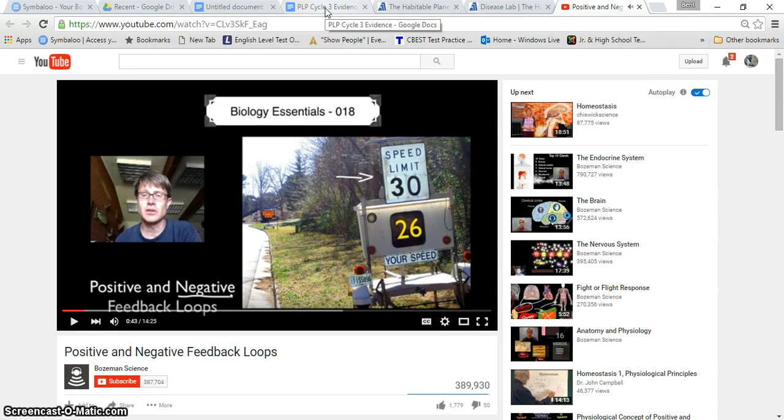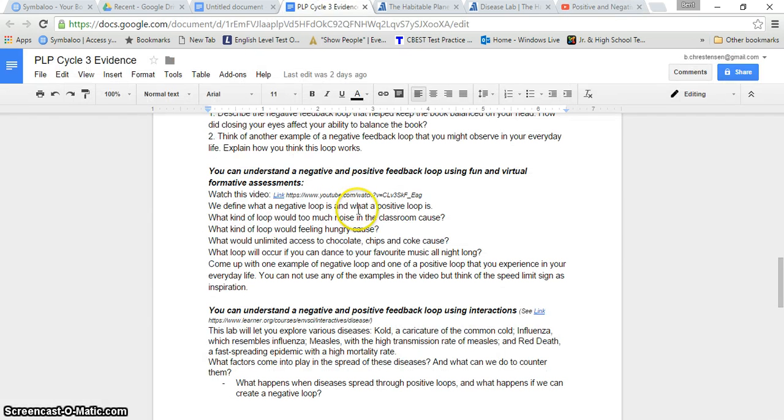As you can see, he's trying to explain a negative loop using a speed limit sign. That also gives a good explanation of a negative loop, which is about coming back to a certain balance. Then we could use different examples from our everyday life and talk about how they come back to a balance.